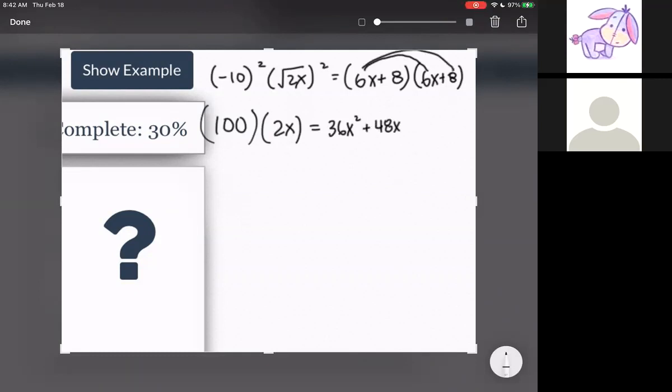Inner, plus 48x. And then last, plus 64. So simplifying this gives us 200x, because 100 times 2x is 200x, is equal to 36x squared. These two combine to make 96x.